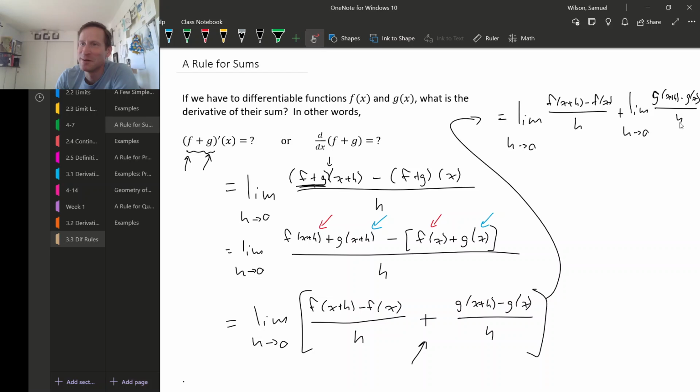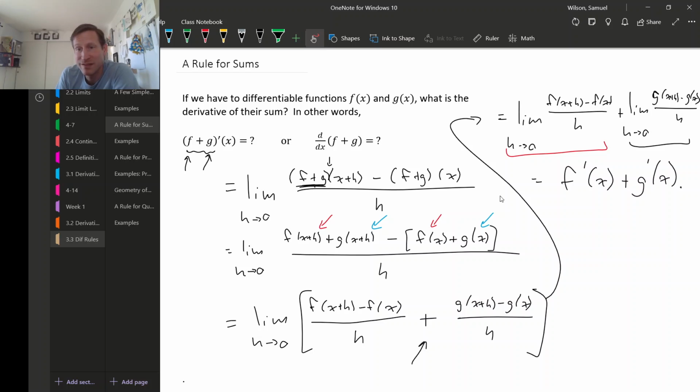Out of room there. Okay, now this first piece, I hope you're keeping your eyes out for the derivative of f and the derivative of g because they're staring us in the face. This first piece, that is the derivative of f. That's just the definition of the derivative of f at x. And the second piece is the definition of the derivative of g.